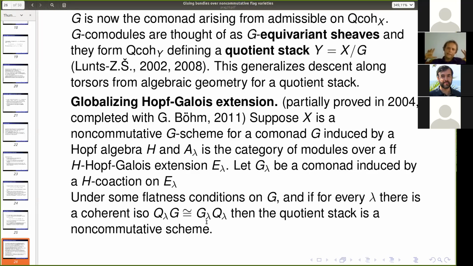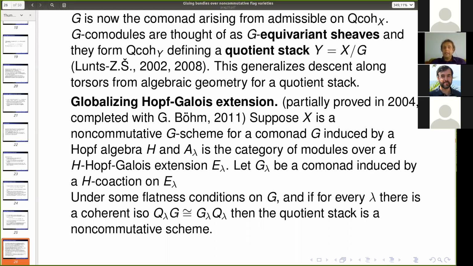So then it is because q is a localization, so it has a reflection, it has a right adjoint which is fully faithful. Then this G lambda is unique if there is an isomorphism like that.